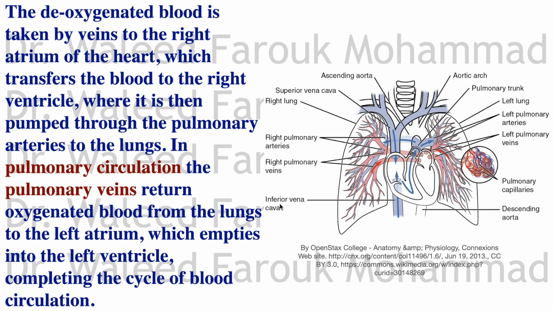The deoxygenated blood is taken by veins to the right atrium of the heart, which transfers the blood to the right ventricle, where it's then pumped through the pulmonary circulation to the lungs to be oxygenated and returned back to the heart by means of the pulmonary veins.